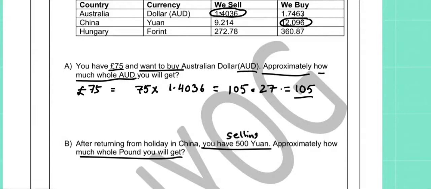So out of 500 yuan, if we divide by 12.096 for each pound, by doing this division we get that it is approximately equal to 42.2. To the nearest whole number, we can write it as 42 or 43.